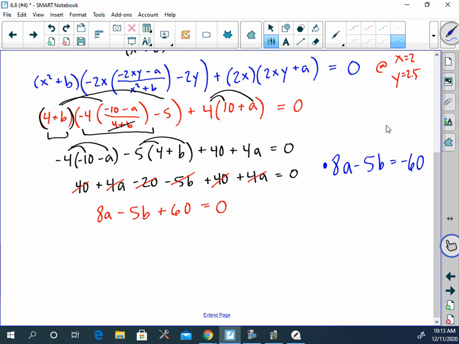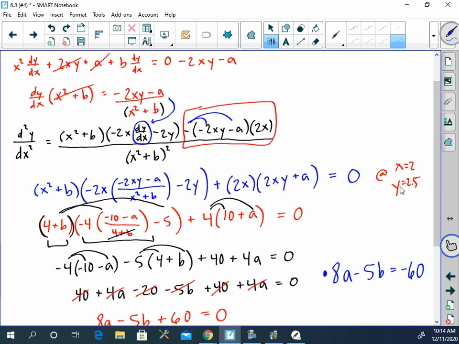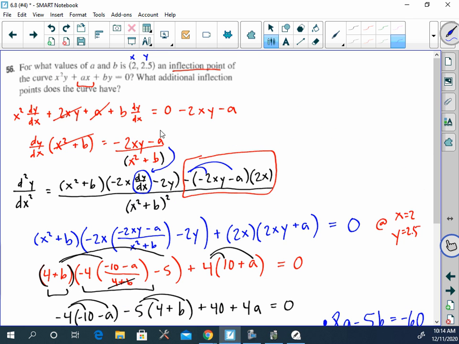Now, if you recognize this here, we have 2 variables, right? This is going to turn into an algebra 1 problem, but we only have half of it. If you have 2 variables, you need to have 2 equations. So we're missing something in the problem here to come up with our other equation. Does anybody have any idea what it is? If you read the problem again, somebody might go, can we try this?